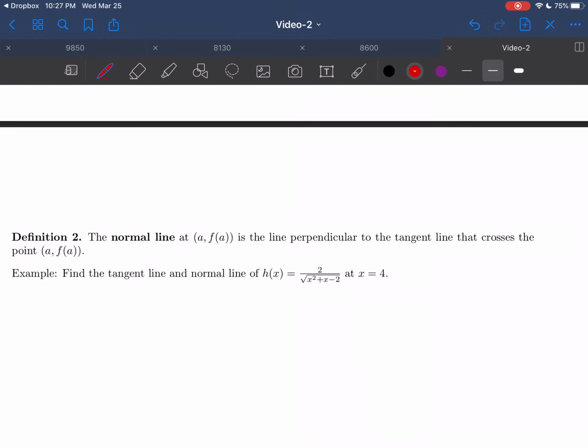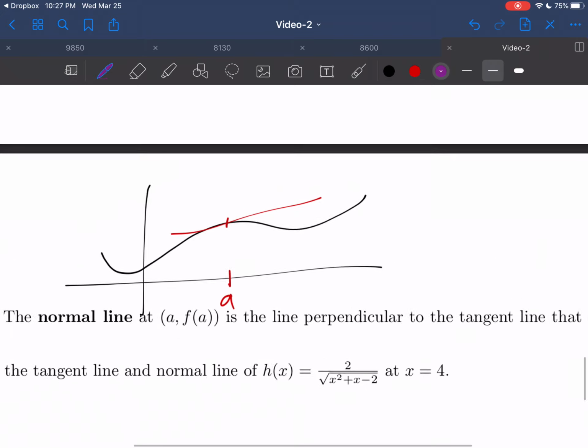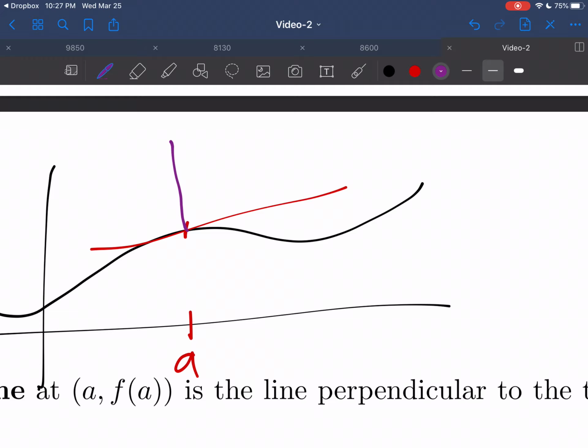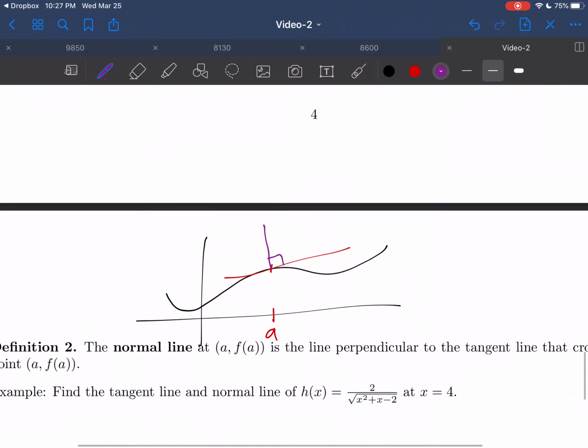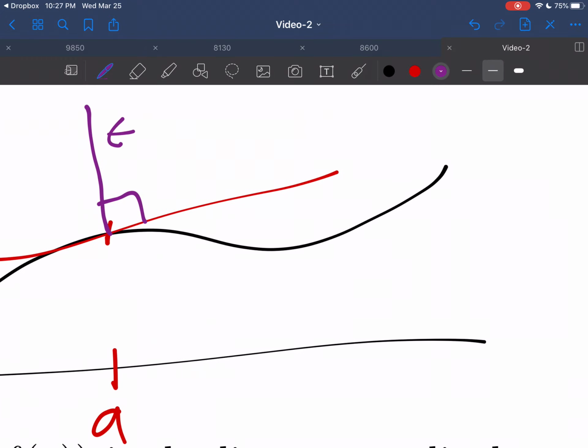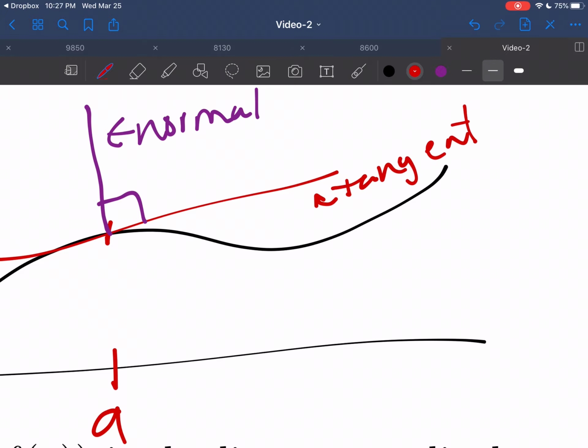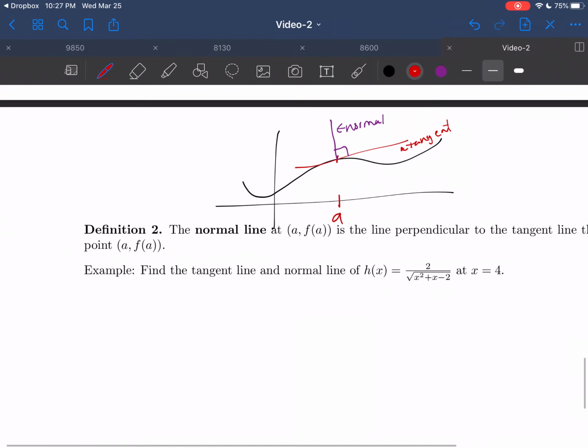So if I've got some function, and I've got a tangent line at a point A, the normal line is the one that's perpendicular to that, so it's got that right angle. And that's our normal line. And there's our tangent. That's what our normal line is.